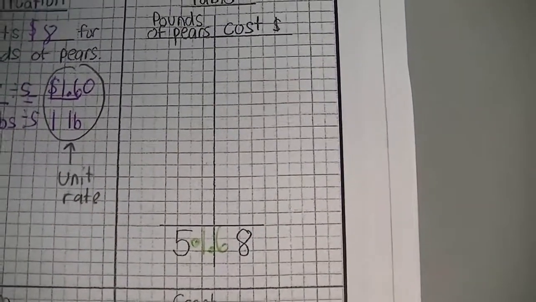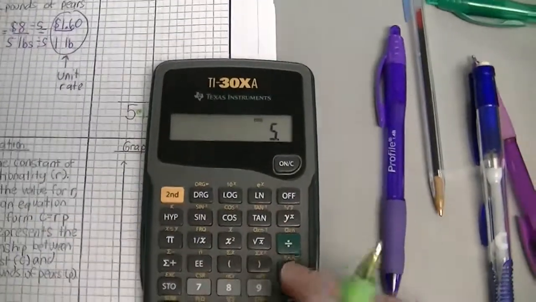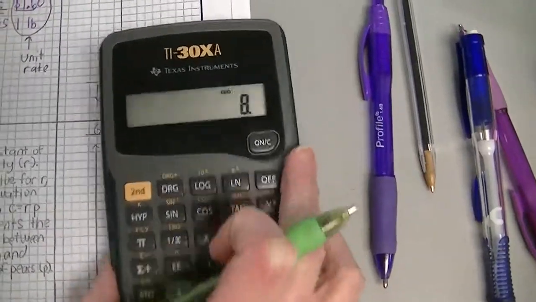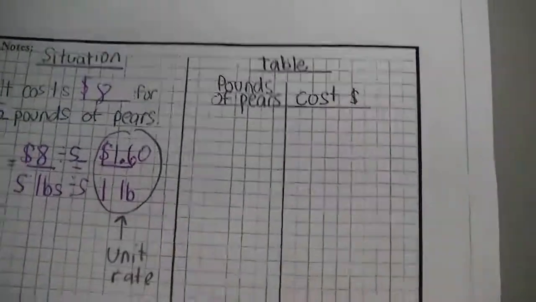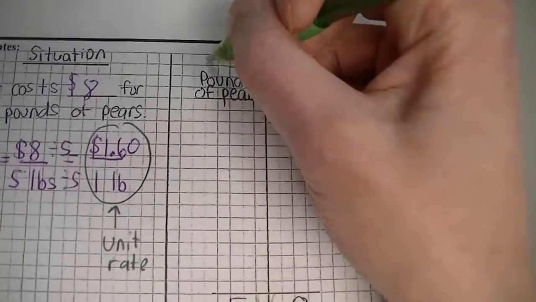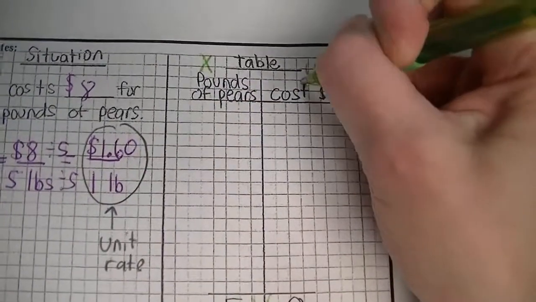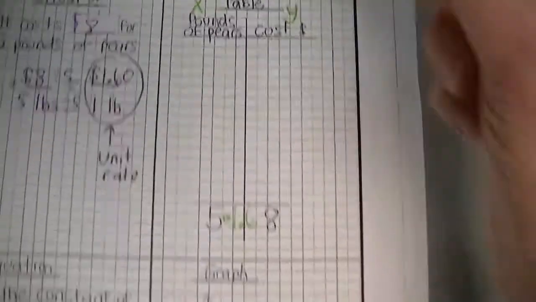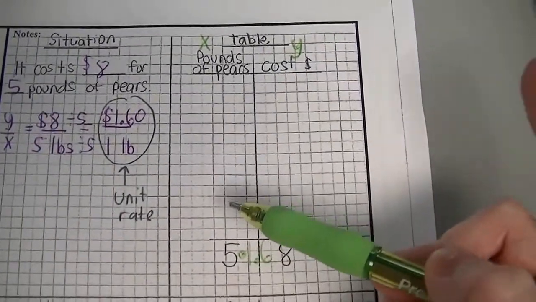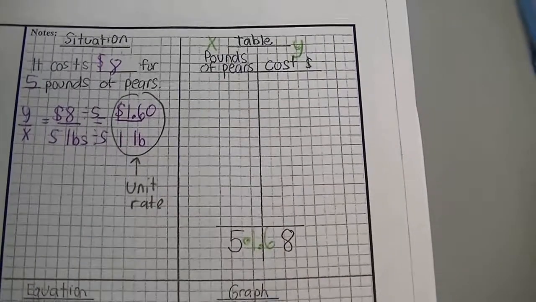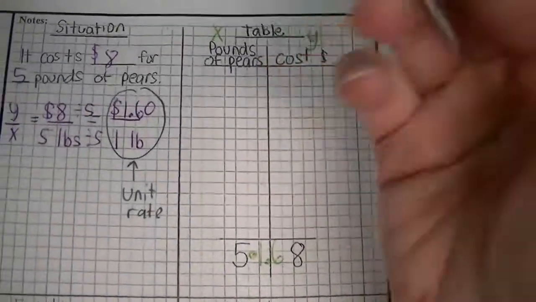Okay, and to double check, 5 times that unit rate gives me 8, so that matches up. Now, everything else in the table is blank, so we can use our own values, but remember to label this x and this y. And keep in mind, we're going to be drawing a graph on here, so I wouldn't pick x values that are giant, because otherwise you'd have to make your graph pretty giant, and I'm just not into that.